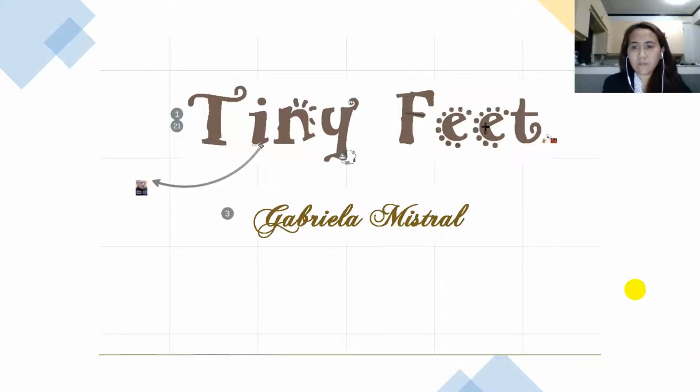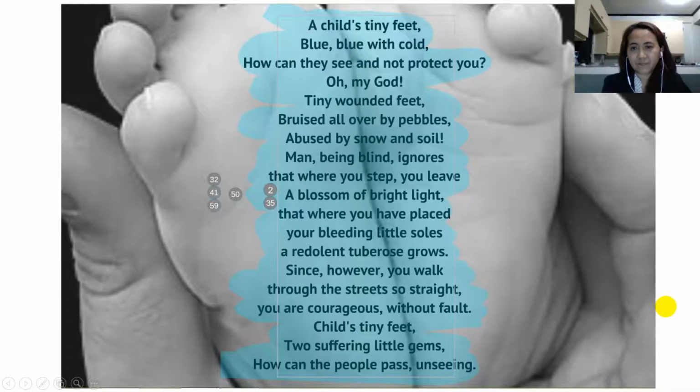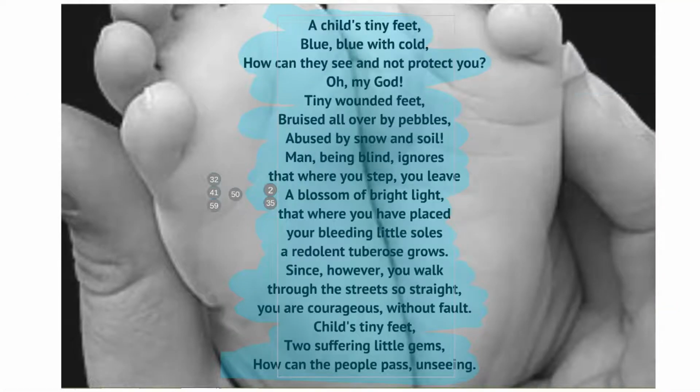So, Tiny Feet. A child's tiny feet, blue, blue with cold. How can they see and not protect you? Tiny wooden feet, bruised all over by pebbles, abused by snow and soil.